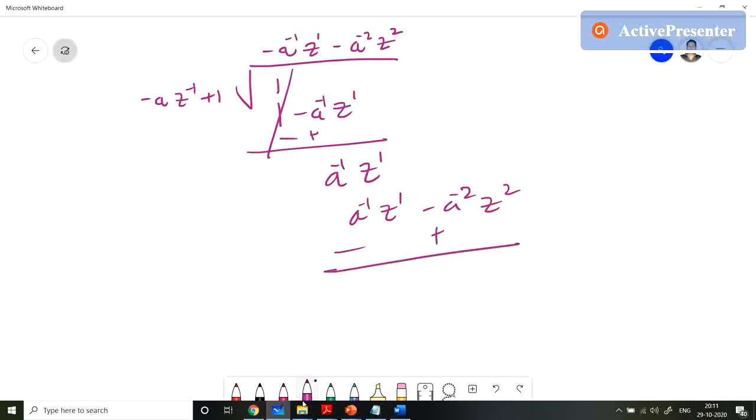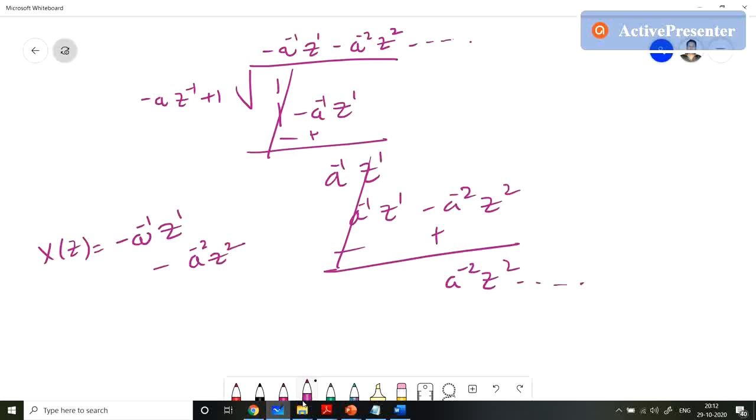This process will continue. Finally X(z) is minus a raised to the power minus 1 z raised to the power 1, minus a raised to the power minus 2 z raised to the power 2, minus a raised to the power minus 3 z raised to the power 3, minus a raised to the power minus 4 z raised to the power 4. So this is X(z).